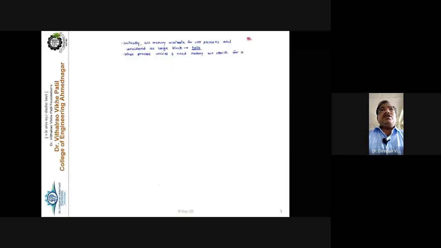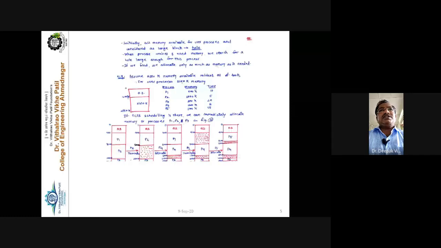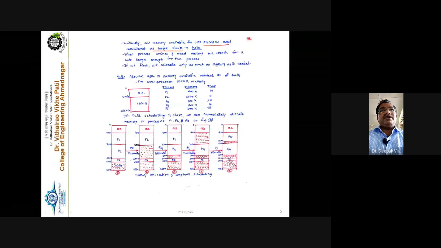Initially all memory is available for user processes and is considered as one large block, which is called a hole. You can remember this concept. See this figure here: 0 to 400K is allocated to the operating system, and 2560K of main memory is available.